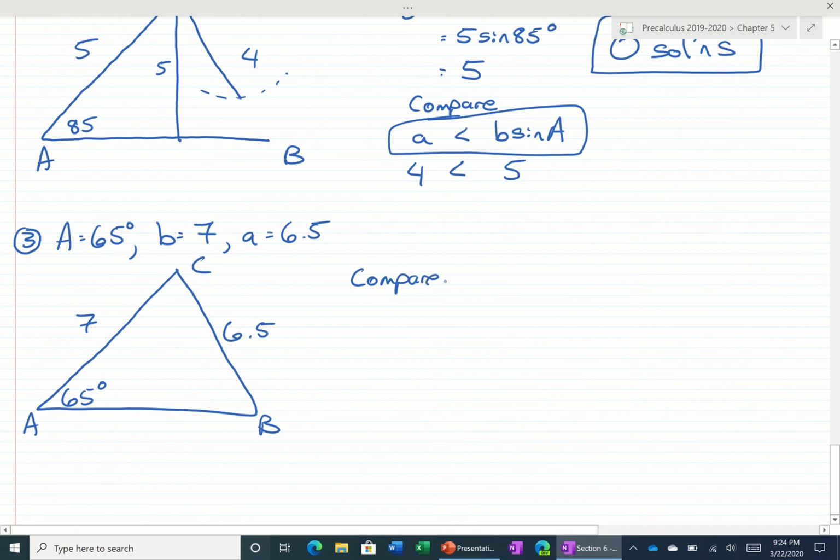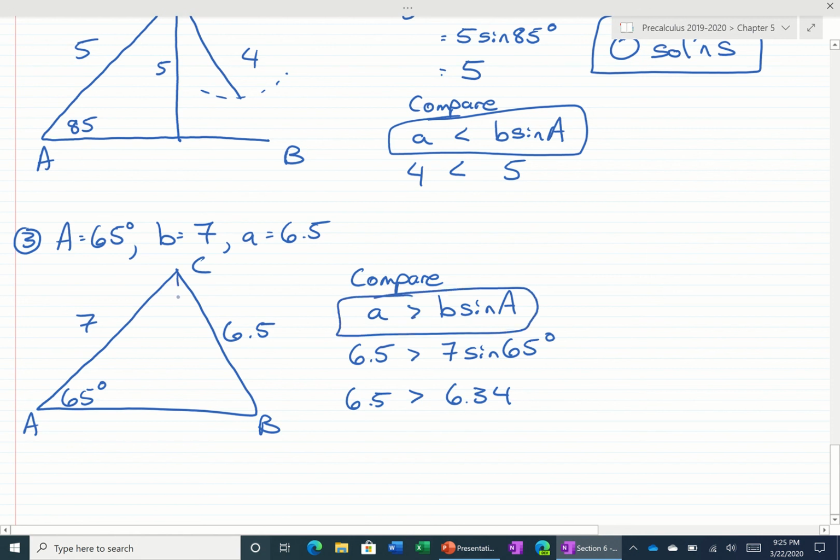We're going to compare side A and B times the sine of A, or 6.5 and 7 times the sine of 65 degrees. 7 times the sine of 65 is 6.34. So the height is going to be 6.34, which is smaller than 6.5.